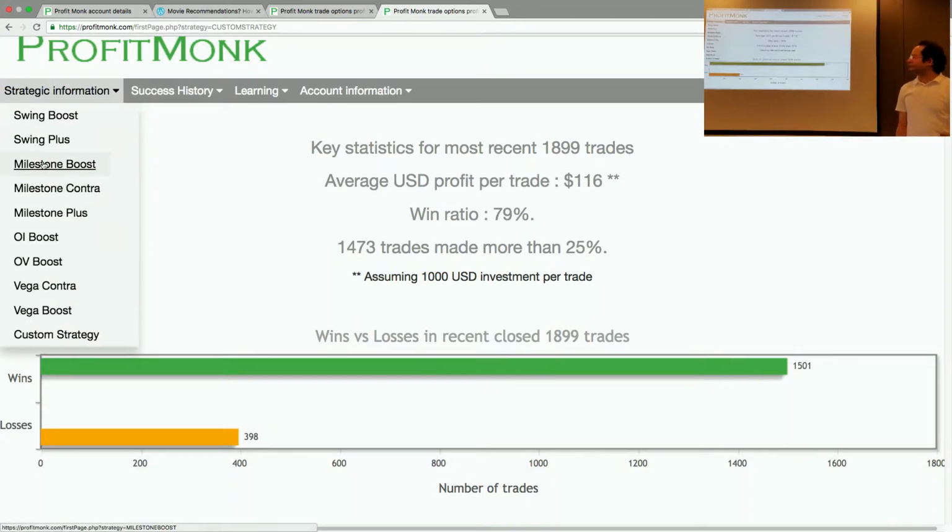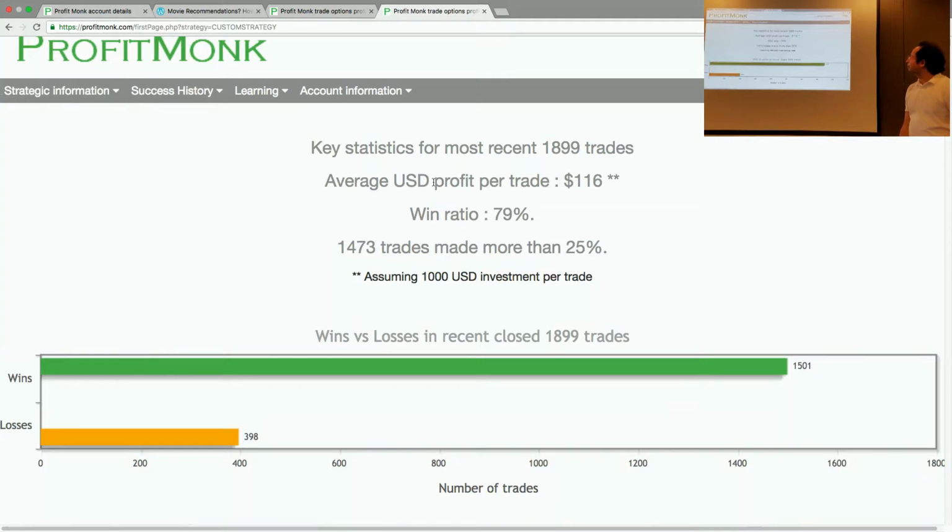Clearly there is, I think we need to clarify that. But right now the way to choose is, I'll talk about that, but you go through each one of them and try to find the right balance for you, like metrics: number of trades and average US dollar profit per trade. That's how you find the right balance.